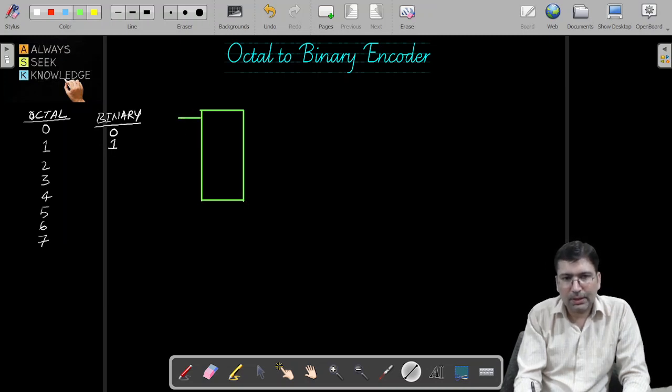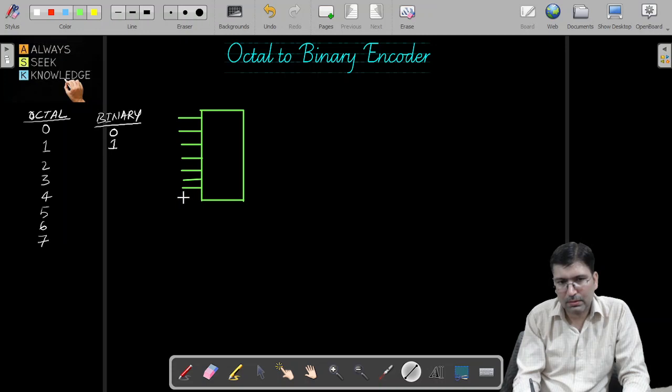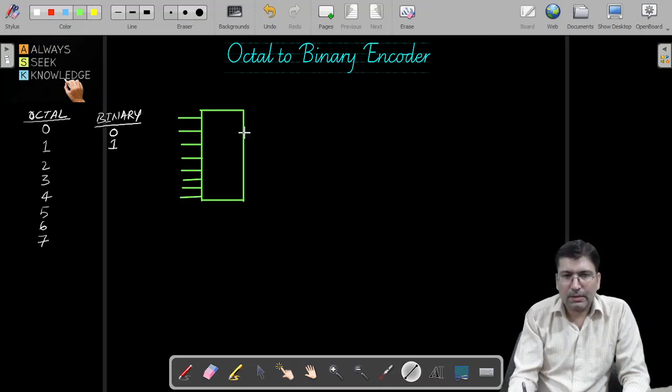There are 8 input lines, like this, and there are 3 output lines.